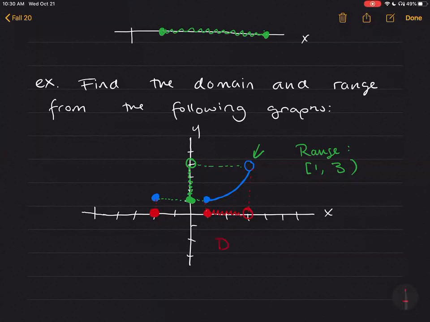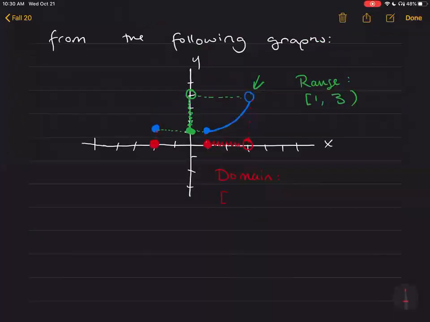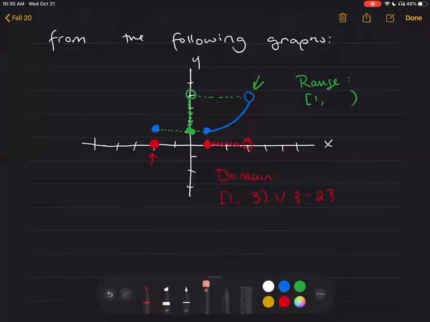And so the domain is going to be this interval, 1 inclusive all the way to 1, 3, unioned with this point right here, can't forget it, -2. Excellent. Oh my goodness, I just realized that should be a 4. Some of you are probably yelling at me through the internet right now because I can't count, but that should be a 4. So it's 1, 2, 3, 4 right there.